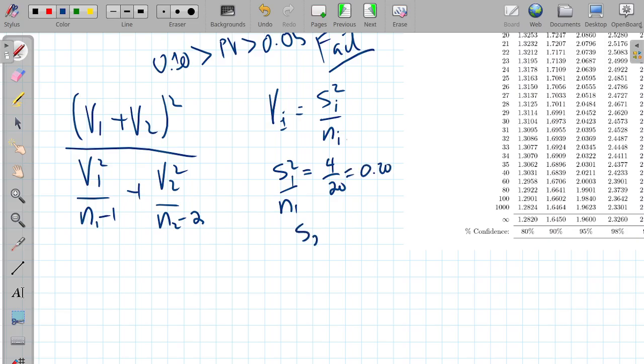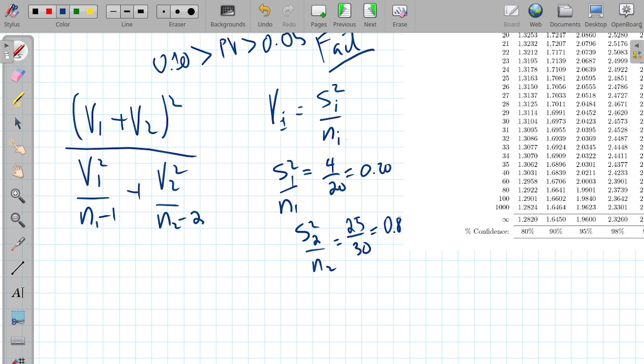And then we have, for the second one, 5 over 30. So this will be 25 over 30, which will be 0.8, unless I miss my guess. Yeah, that should be right. No, that's not right. Well, it's close, but it's not quite right.